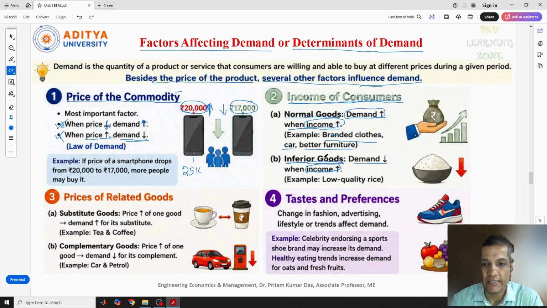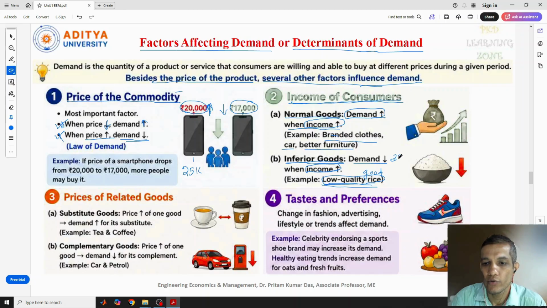Inferior goods are nothing but low-cost goods. What goods have low cost, low price? We are talking about that. Initially, when you have a normal income, consumers used to purchase low quality rice, suppose. When the income increases, the same consumer may shift to good quality rice, so this low quality rice will be sold less.